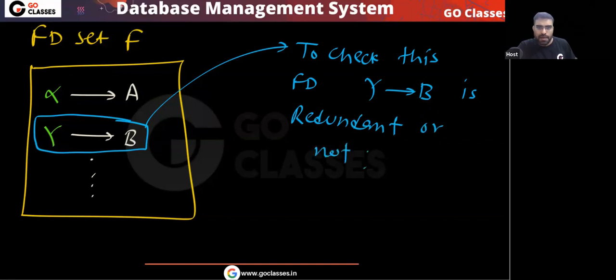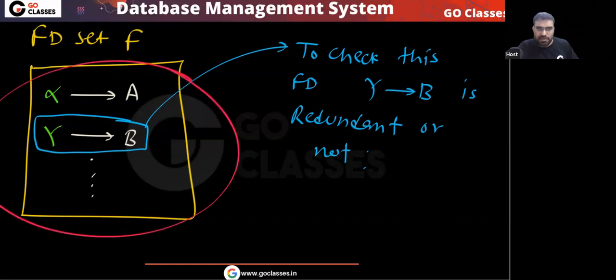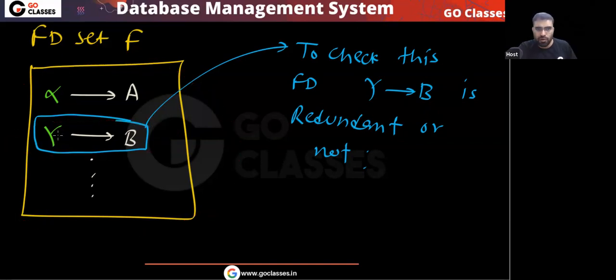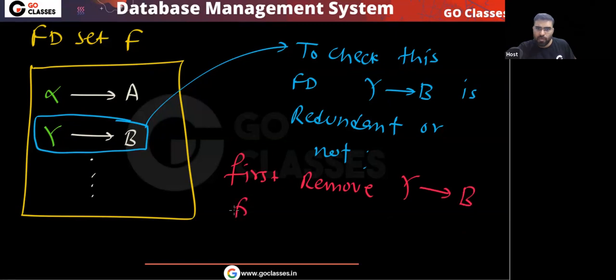First we will remove this, and then we will check in the remaining, can gamma determine B? So remember, first remove this gamma determining B from F.